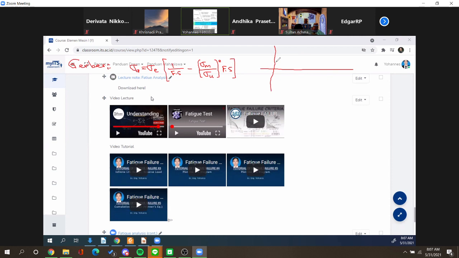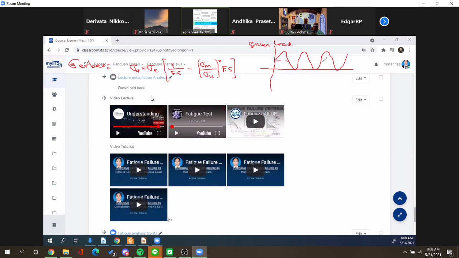Okay. So for example here, this is the real loading. Okay, so this is the given load. For example, it has repeated stress here.